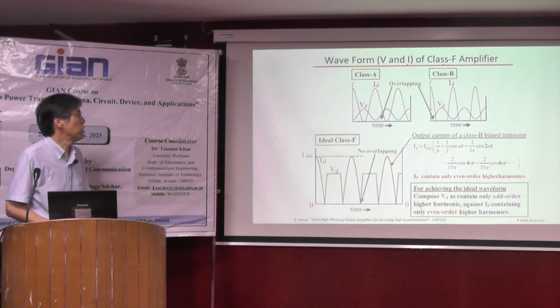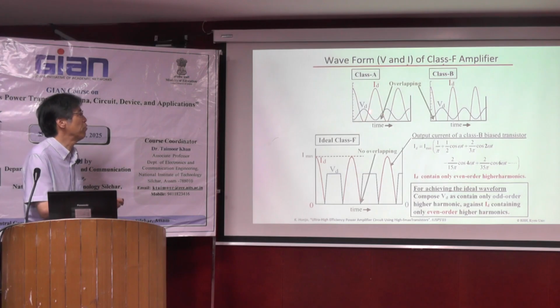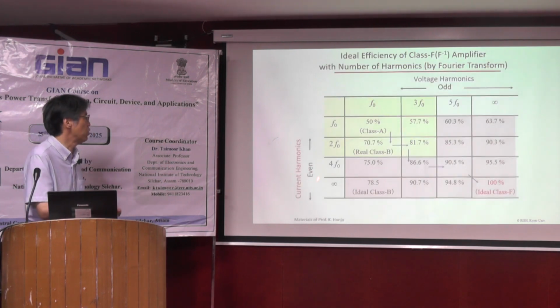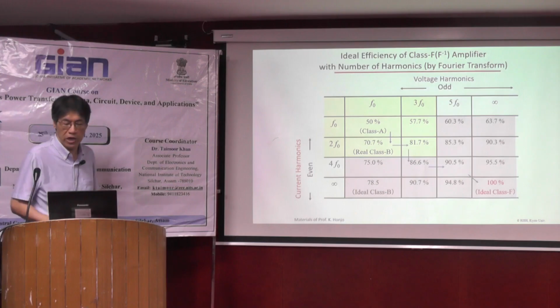So it's easy to understand if we compare the waveform in each case. Class A, as I mentioned, uses the main frequency only, so there is a very pure sinusoidal wave for the current and the voltage. And in class B, the current becomes a half wave, and in this case the current uses even harmonics mainly.